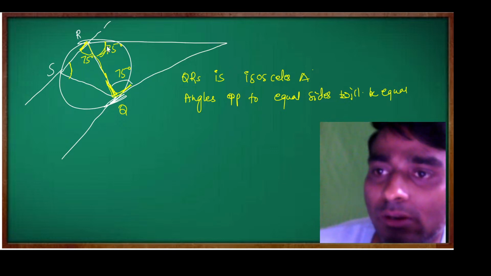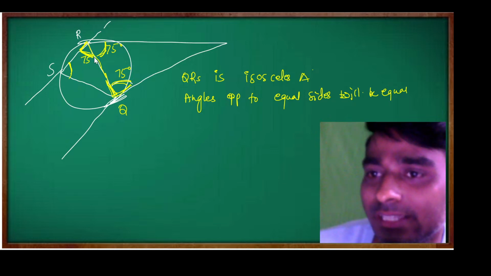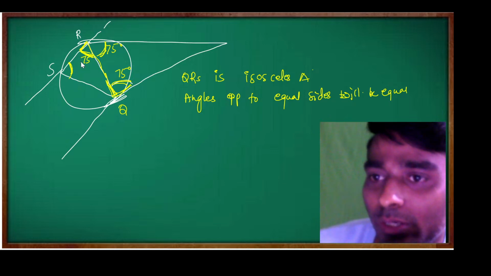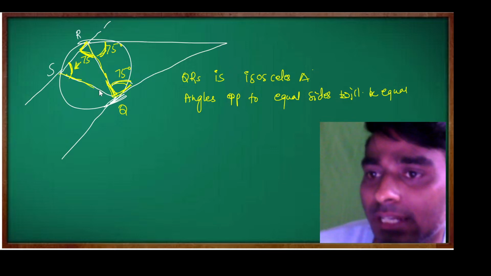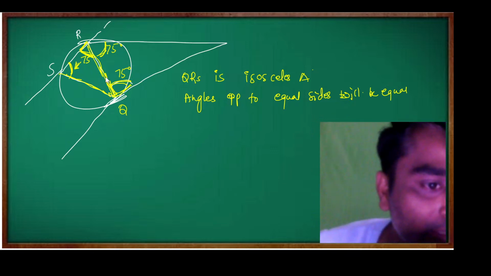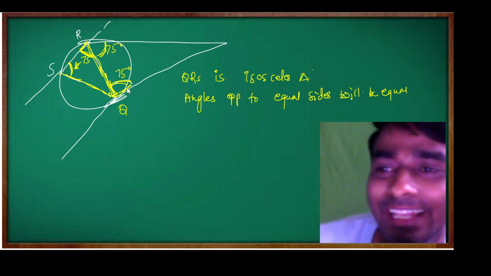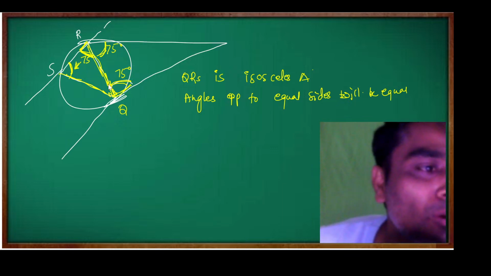Now these two are equal angles. In this triangle, this is 75 degree. To this we have this angle opposite, and these two sides are equal. They have not mentioned isosceles, right?